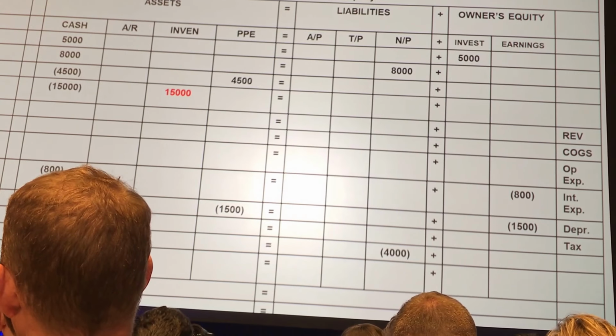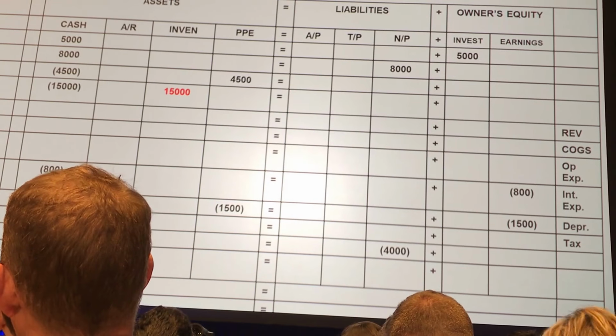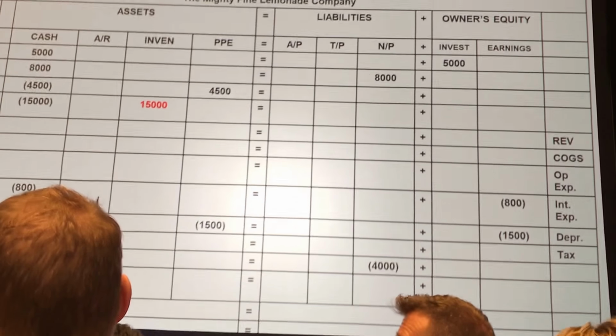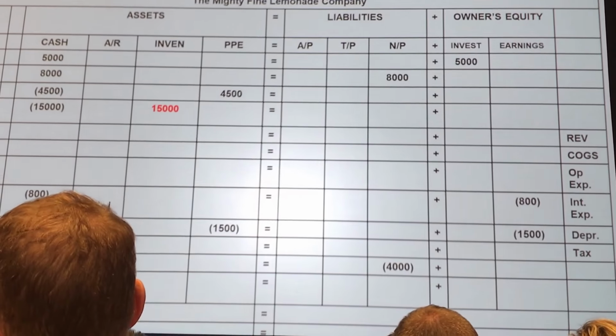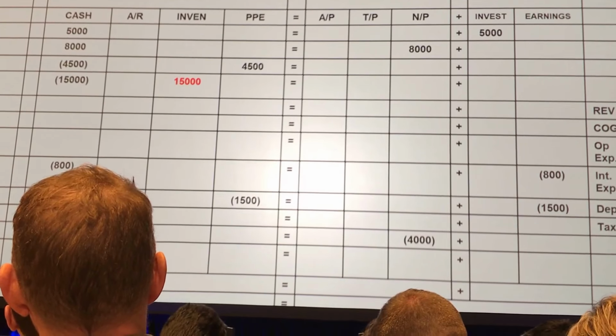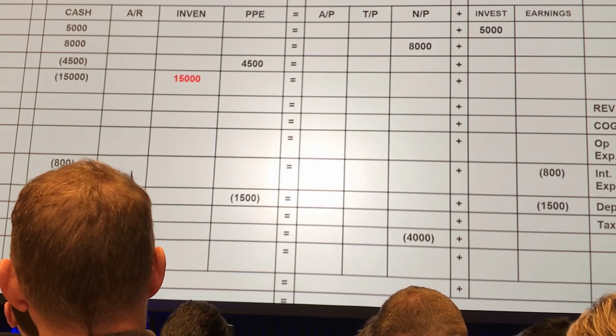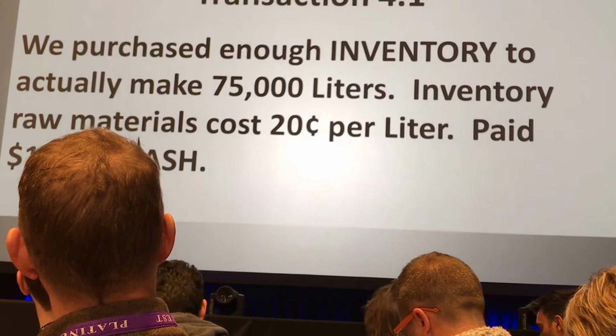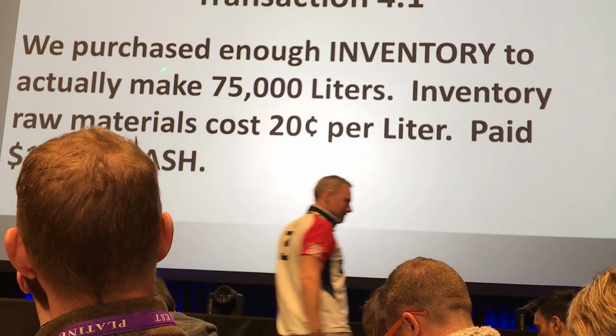It's a great catch, and it gives me an opportunity to teach another part of this. Keep in mind, this is a snapshot. This is the way it looks at the end of the year. During the year, here's what we did: inventory, raw materials.